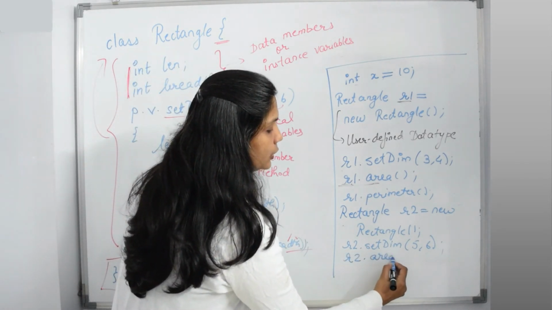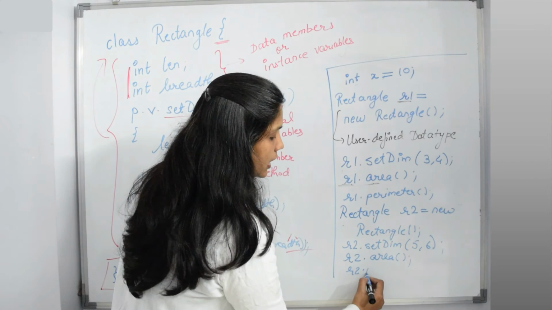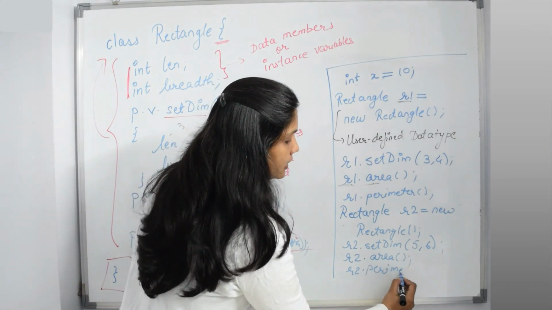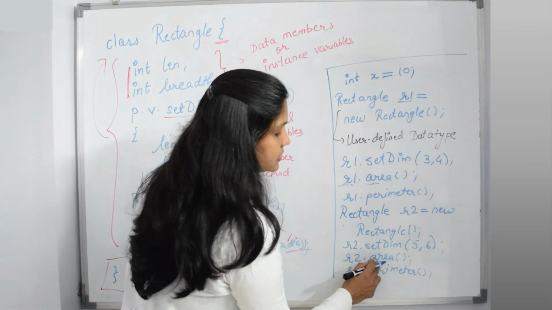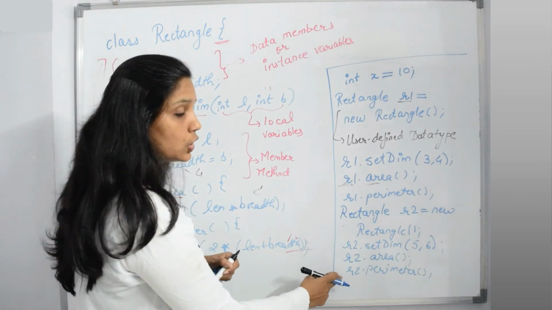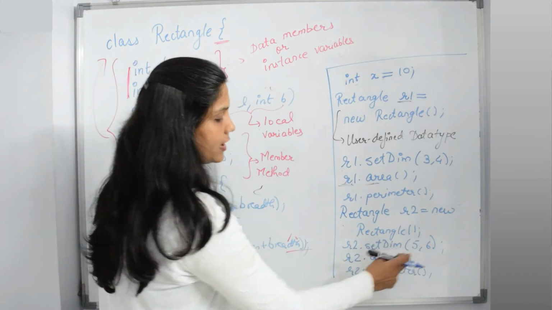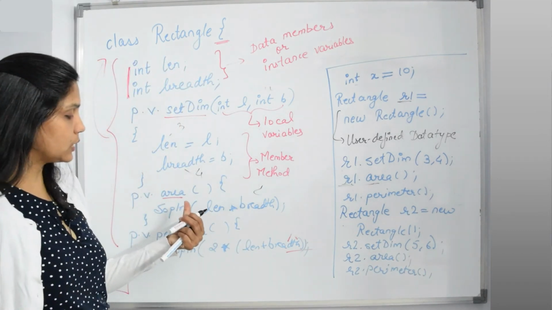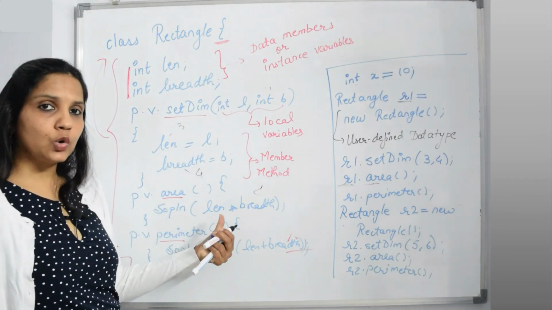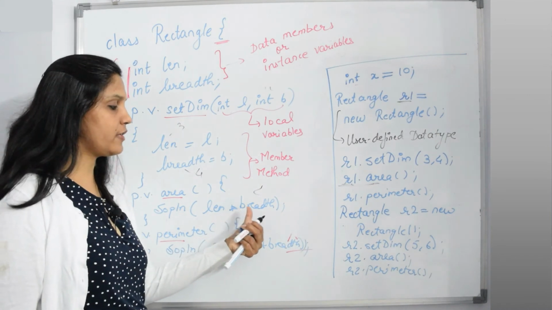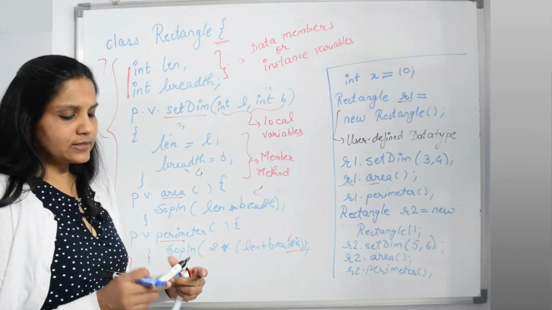I say R2 dot area, R2 dot perimeter, because the methods are invoked on R2. It understands for R2 the dimensions are 5 by 6. It is able to calculate the area for R2 with the dimensions 5 and 6. So it's pretty easy.